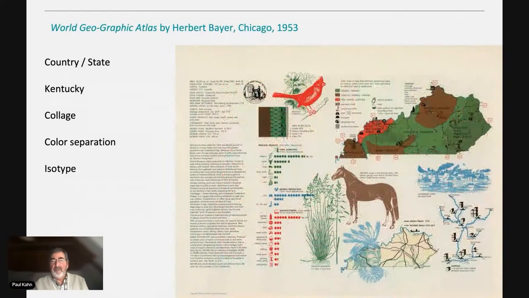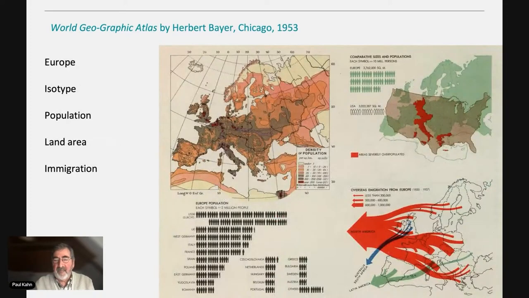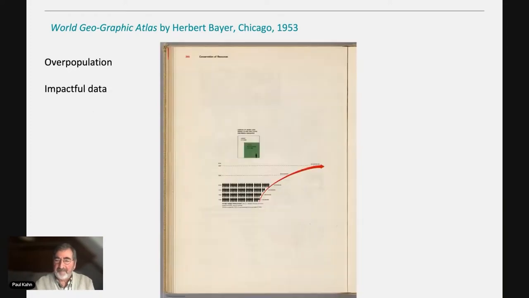And he begins to use collage and color separation in a very modernist fashion, which has also influenced a lot of us. And he's using isotype, this system that was developed by Otto Neurath and Neurath's team in Vienna in the 1920s and 30s. And he's using this to show information about population and land area and immigration.